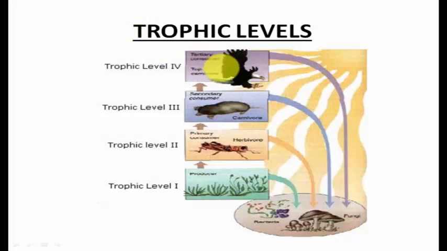So every food chain has got different levels, different stages, and each stage will now be called a trophic level. Each stage will be one trophic level. In this case, we have 4 trophic levels. Some of the food chains will have only 3 trophic levels, some will have only 2 trophic levels, depending upon the kind of ecosystem they are existing in.